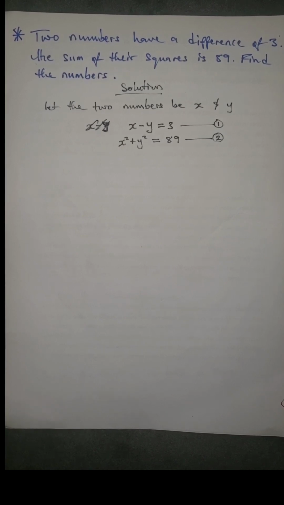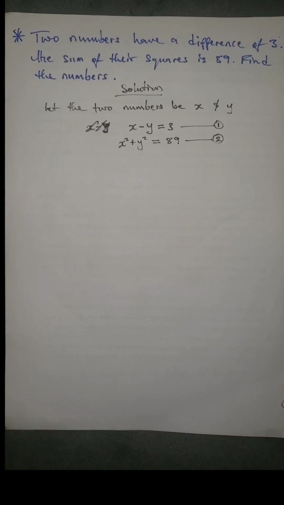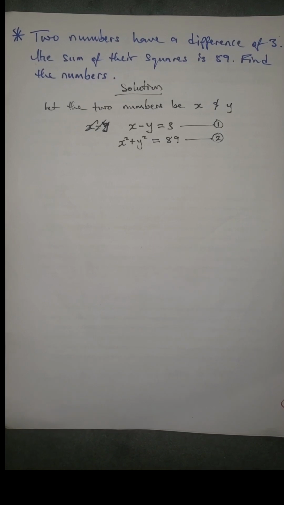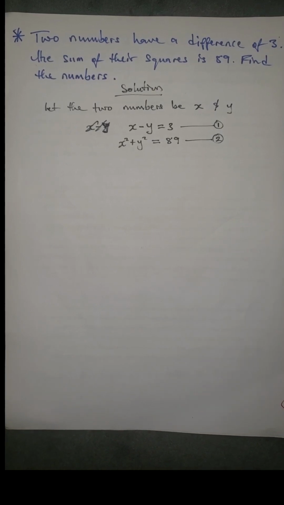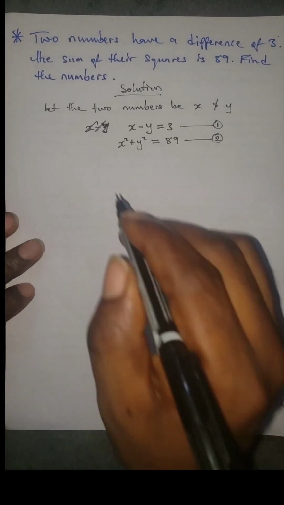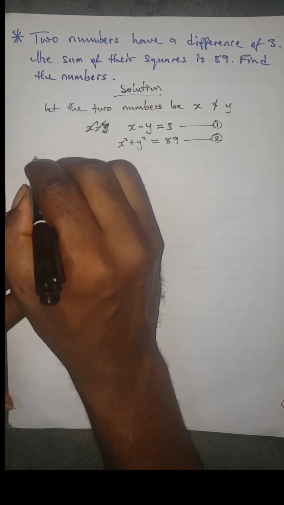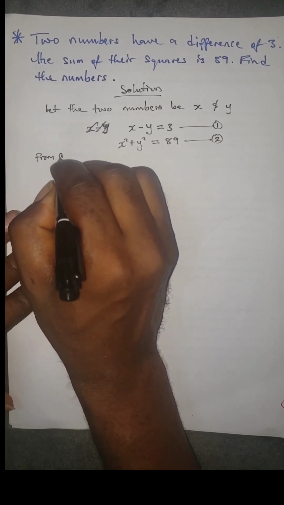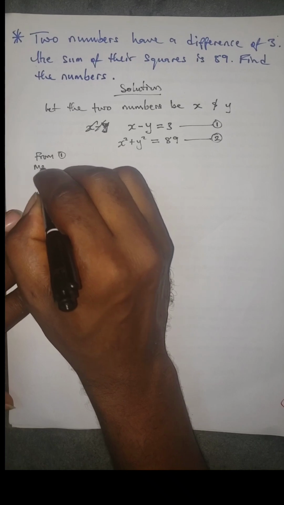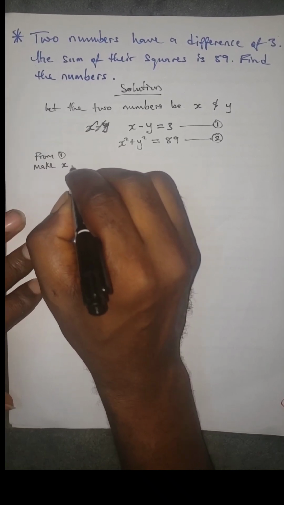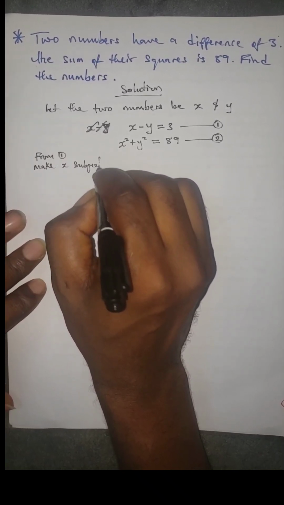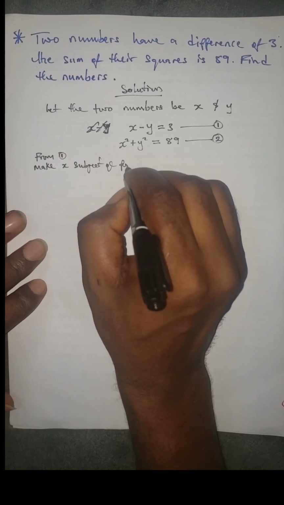We have had a class, and the video is on this channel on one linear, one quadratic simultaneous equation. If you check it out, you can see a lot of questions that we solved there. Some of them look like this. Okay, so what we are going to do, I will say from equation 1, make x subject of formula.